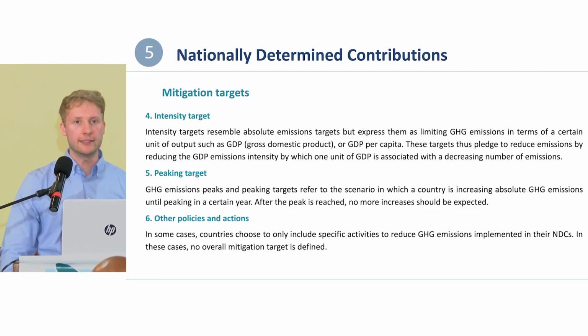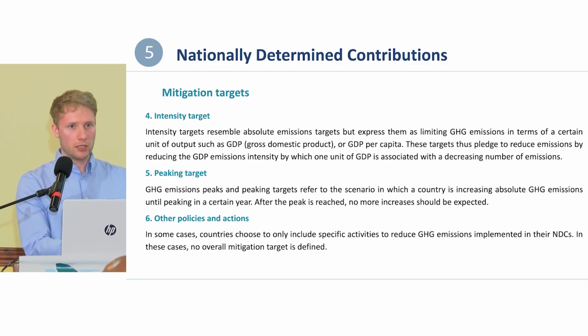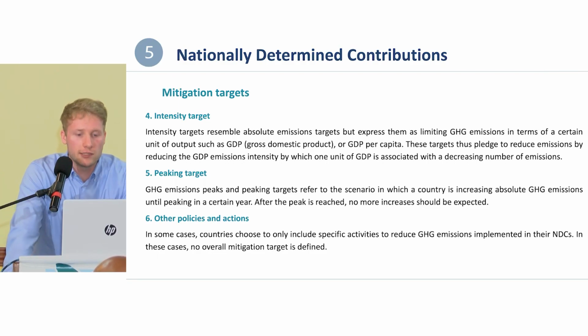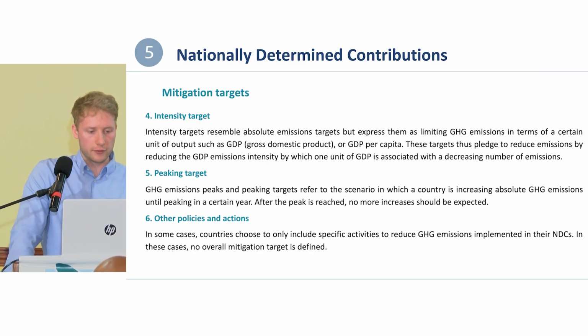So it would be that the intensity of your economy producing greenhouse gases would reduce, and that would be the target. Peaking target is a certain year is set, a target year, and in that year we want to have maximally this amount of emissions.